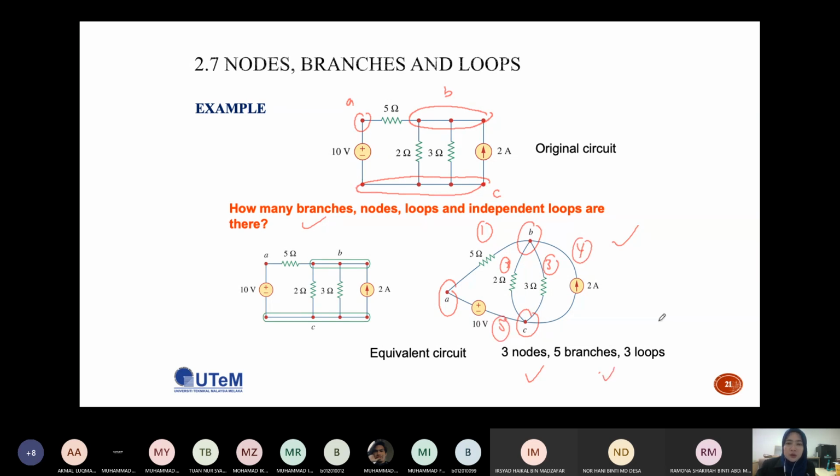Loops, how many loops? We have 1, 2, 3. So we have 3 loops.